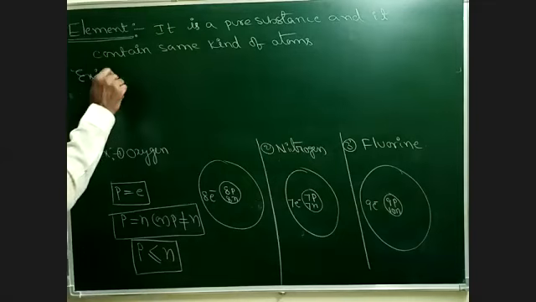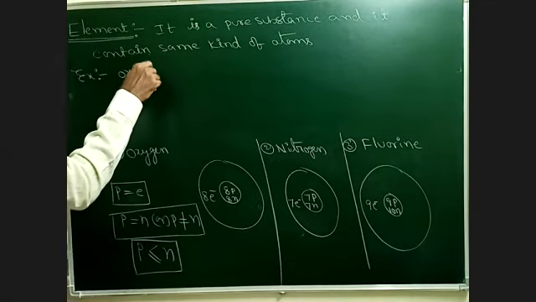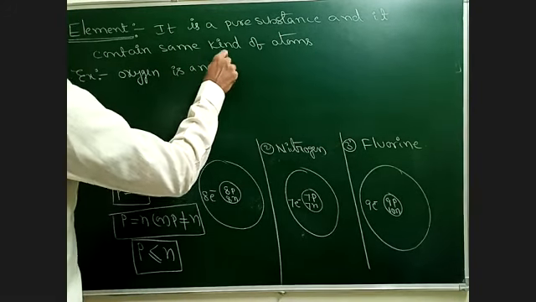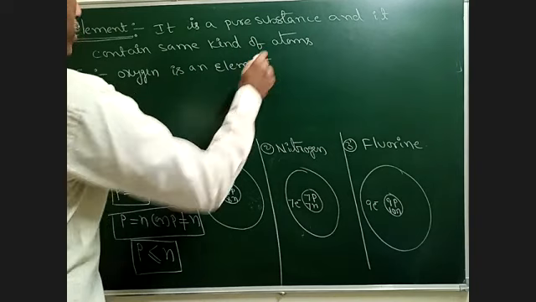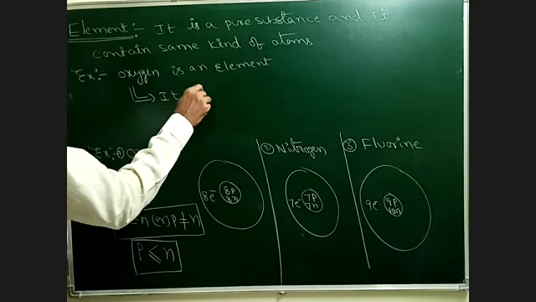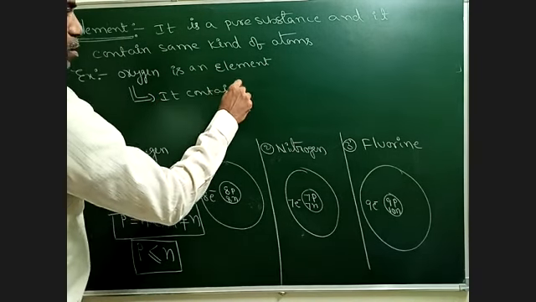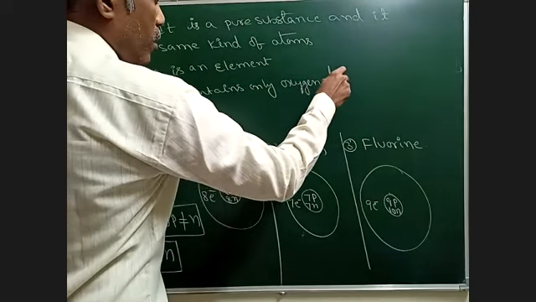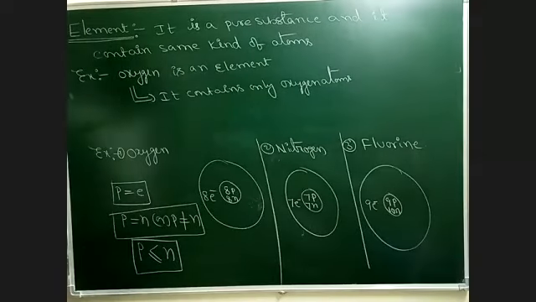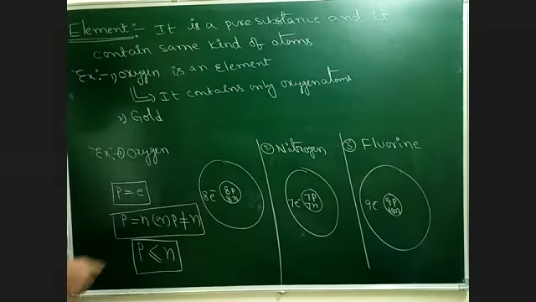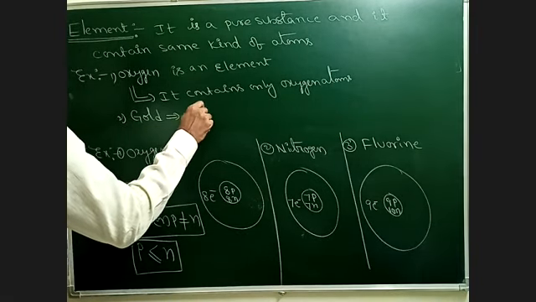Let us take our friend oxygen. Oxygen is an element. So here it contains only oxygen atoms. Suppose you take gold, it is also a pure substance.